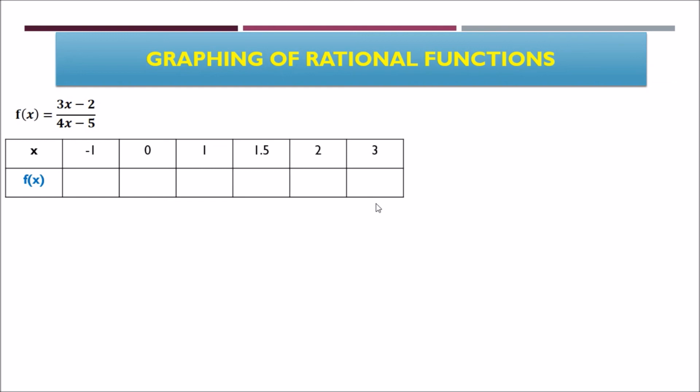Now let's move on to the graphing of rational functions. Given again f of x equals 3x minus 2 all over 4x minus 5, we let the set of values of x be -1, 0, 1, 1.5, 2, and 3. If x equals -1, then f of x equals 5/9 by substituting -1 into the given function.